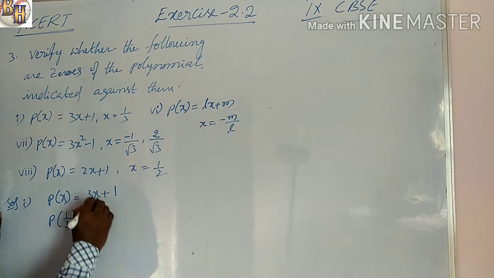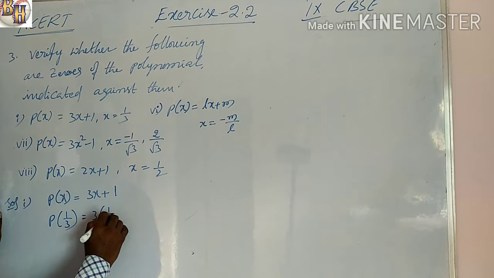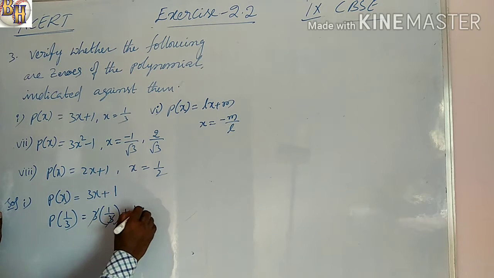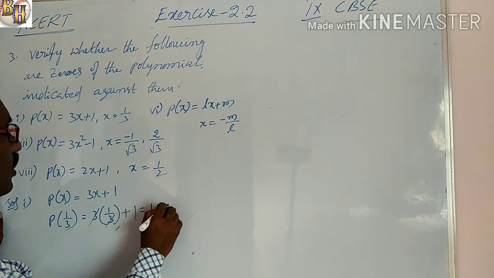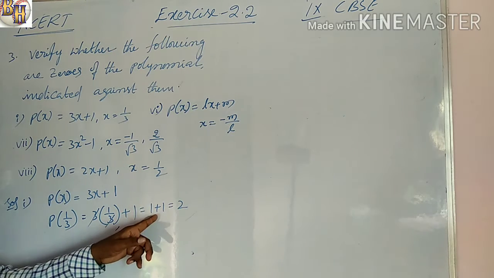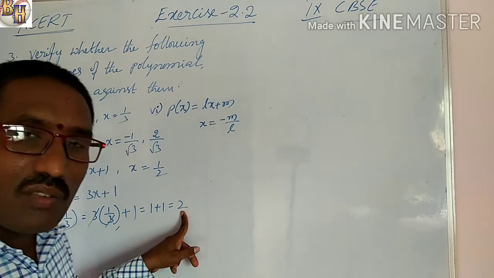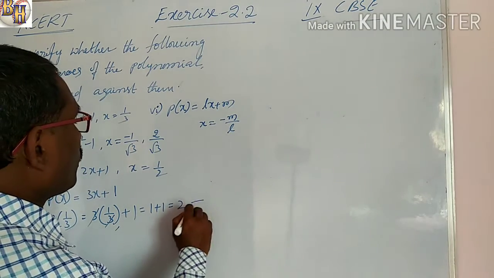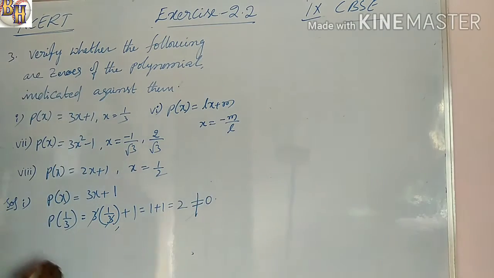3 into x plus 1, so 3 into 1 by 3 plus 1. 3 will cancel. Is equal to how much here? Here 1. 1 plus 1 is equal to how much? 2. Is 2 equal to 0? No. 2 is not equal to 0.